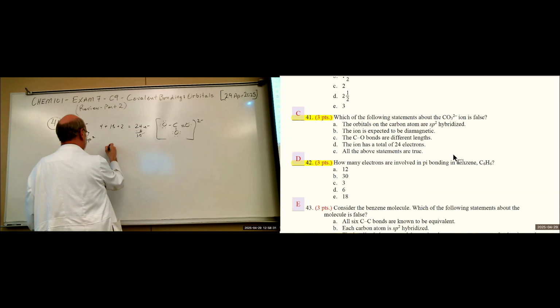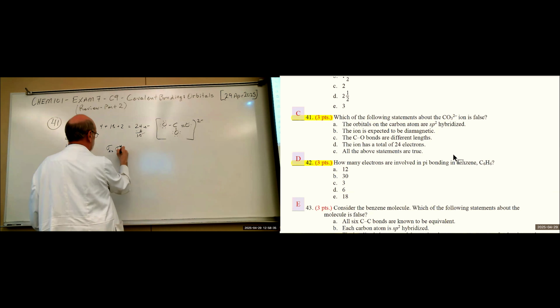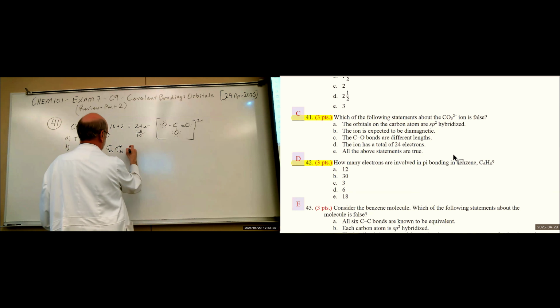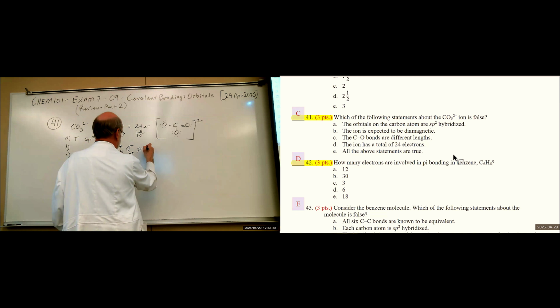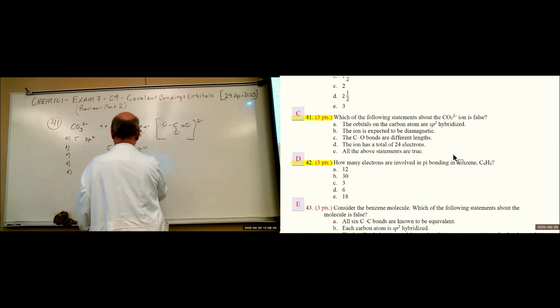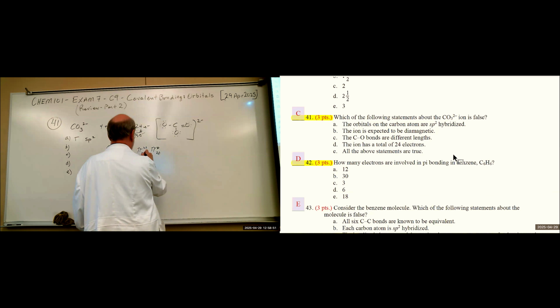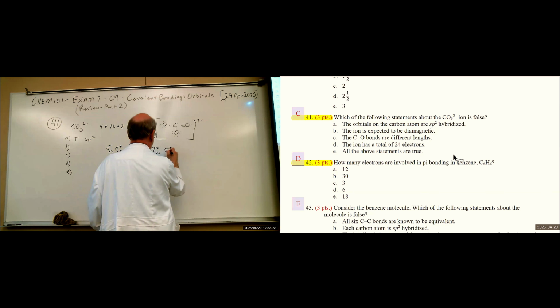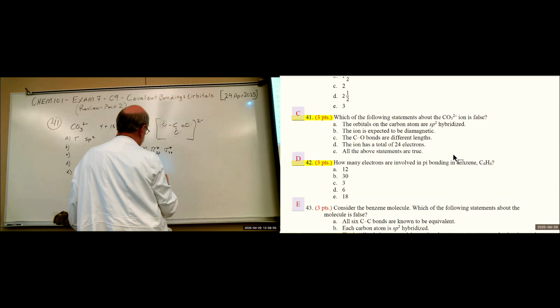So we would have sigma from 2s, sigma star. It may not matter. Then 2p, pi, 2p, and then pi star, 2p, sigma star, 2p.